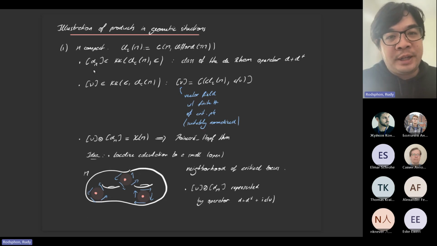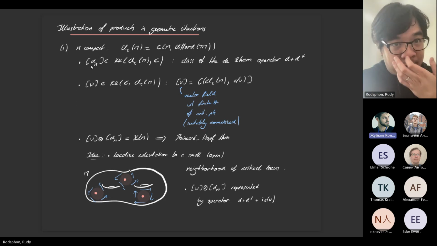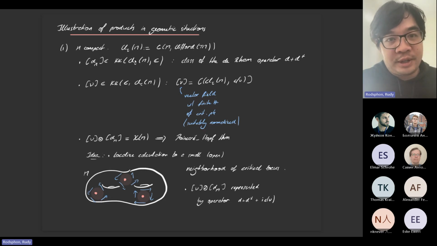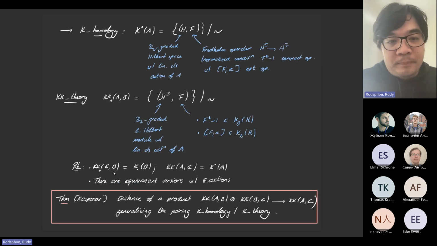Then here you have different elements. Here you have one element which is an element of cohomology. I haven't said this, but very quickly: the entries here are A and B, two C-star algebras.